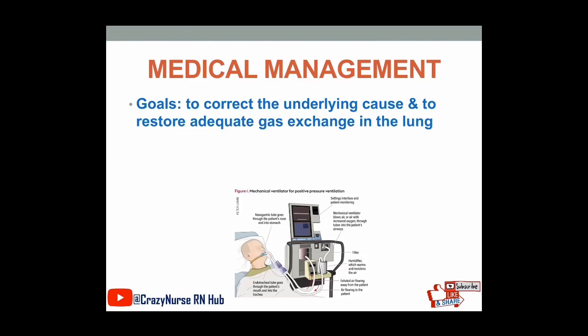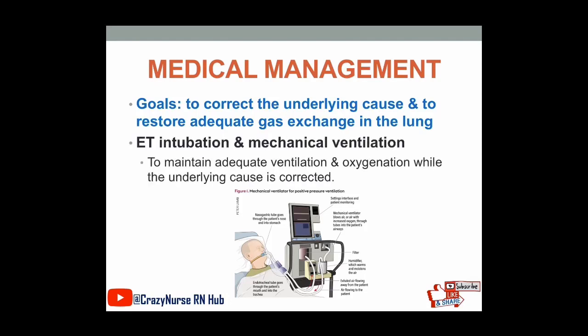First is to correct the underlying cause and to restore adequate gas exchange in the lung. And this is made possible by endotracheal intubation and mechanical ventilation. The purpose of this is to maintain adequate ventilation and oxygenation while the underlying cause is corrected.